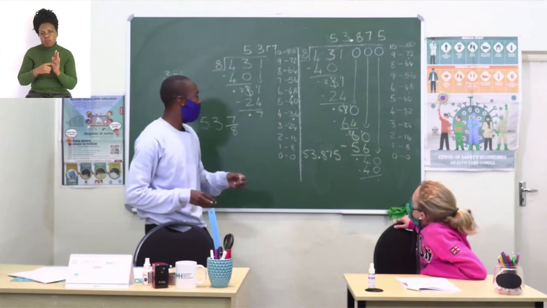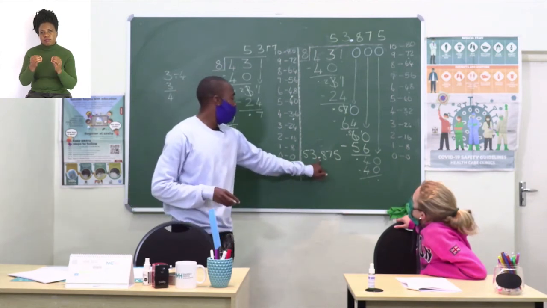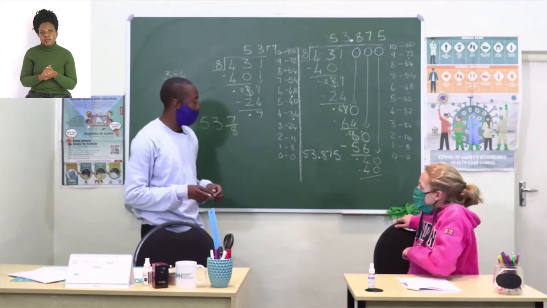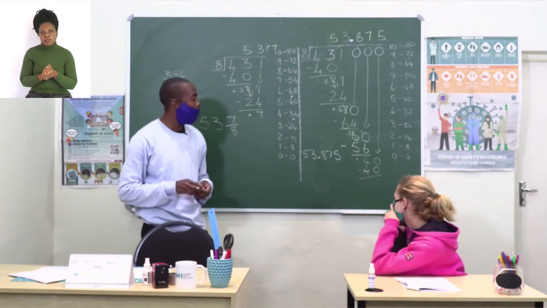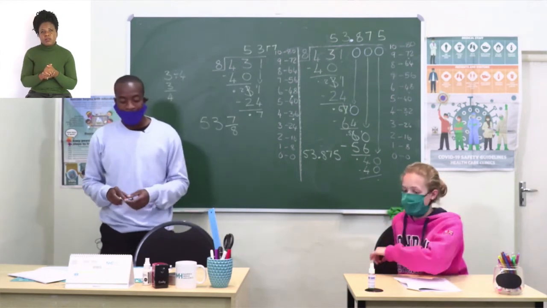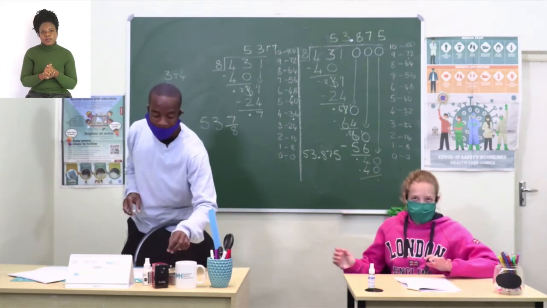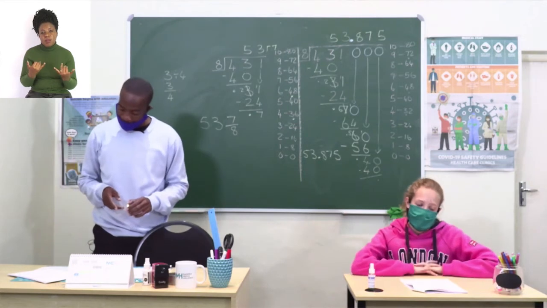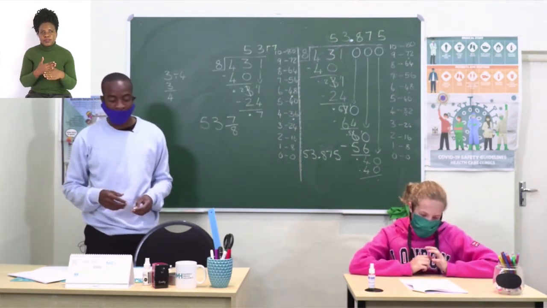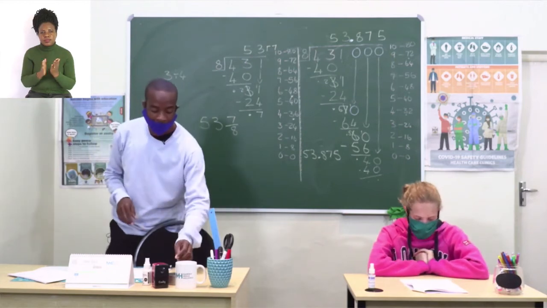You do not say fifty-three point eight hundred and seventy-five. That is wrong. You read it as fifty-three point eight seven five. All right. Now, let's move over to our next stage, which is our activity. Stay tuned.